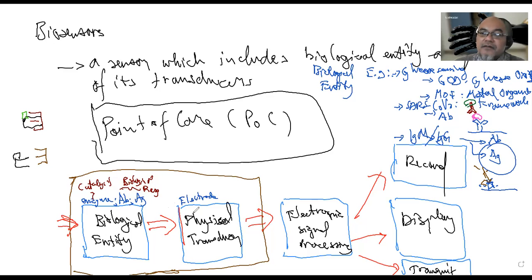So if it were electron exchange, then we can use an electrode to detect, such as in the case of GOD, glucose oxidase detecting glucose. Usually they are immobilized on electrodes, and the electrodes we use to detect the electrons being transferred during the catalytic reaction.